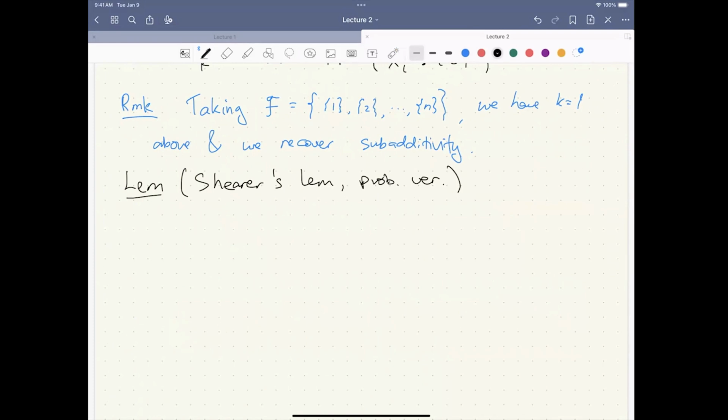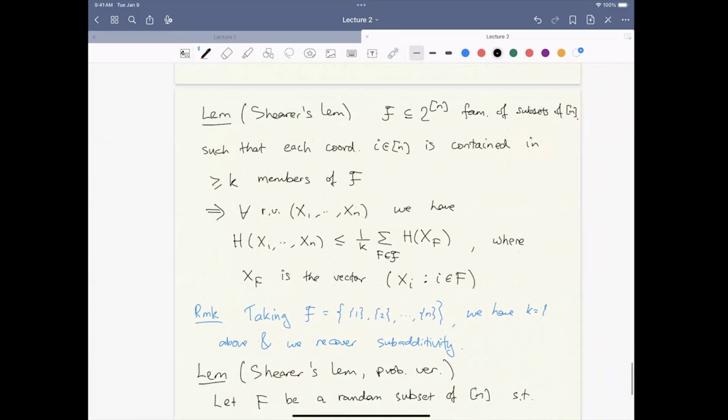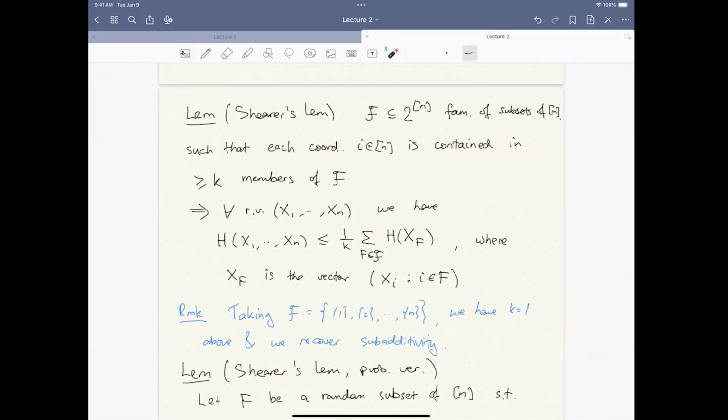Let F be a random subset of [n], such that, before, when we had a family of sets, we wanted each coordinate to be contained at least k times.